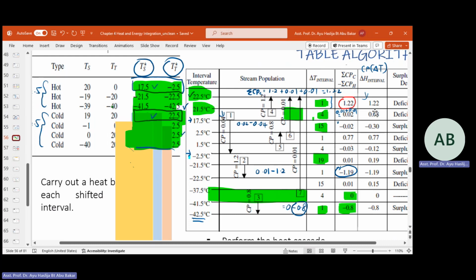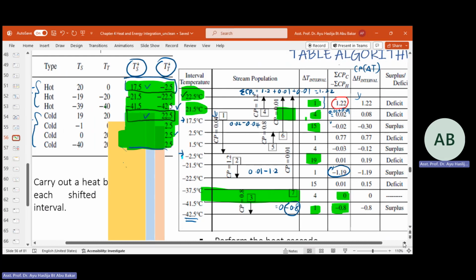Then calculate the delta H, where the delta H is calculated from CP multiplied with delta T. From there, identify whether it is surplus and deficit.